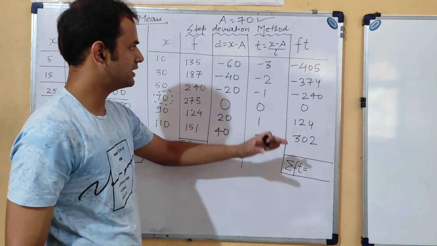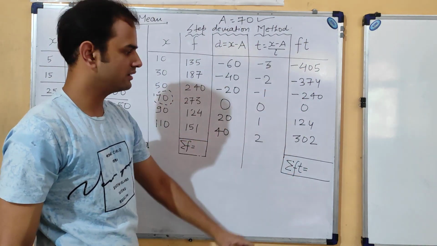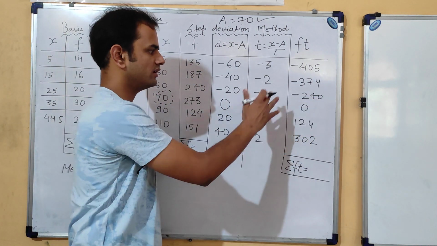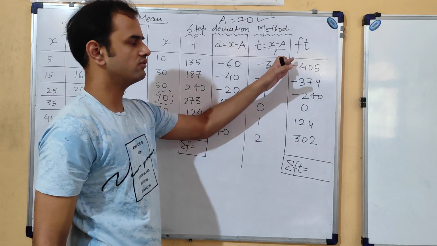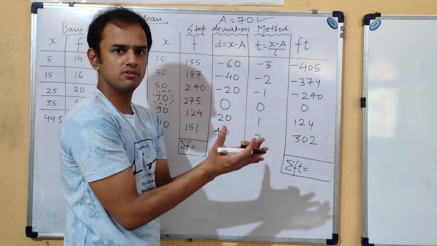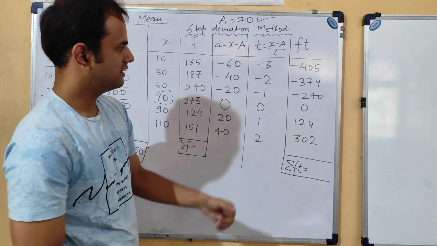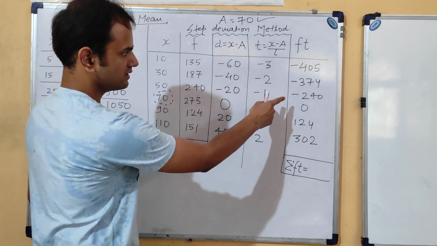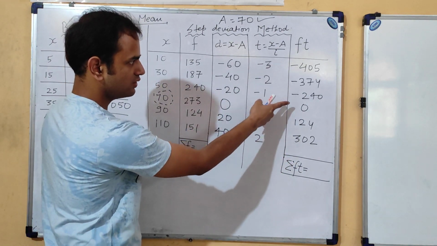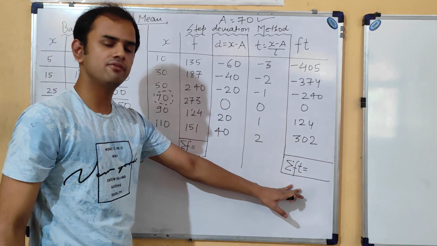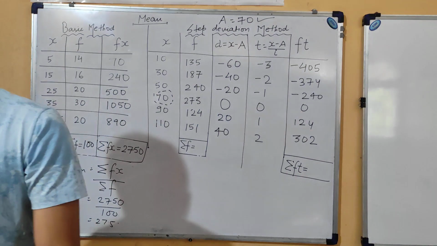In the step deviation method, you have to add these values to get sigma ft. So you know how to add the values when positive integers and negative ones are there. Just add all the positive ones, take the negative sign common, and add all the negative ones. Since you already see these negative values are much larger than the positive ones, you get the summation of ft as a negative value.